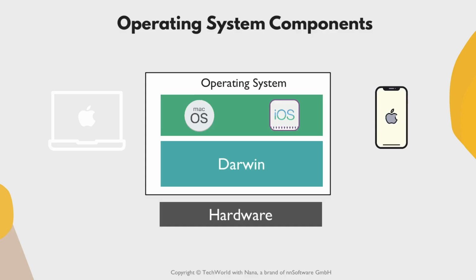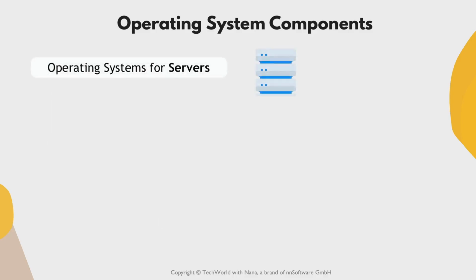Apart from the desktop operating systems, which are installed on your personal computer or laptop or a mobile device, you also have these server operating systems, right? Most of which are also based on Linux, but have a much leaner application layer. So it's more lightweight and performant.